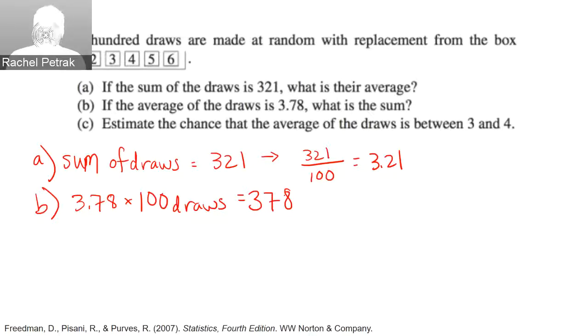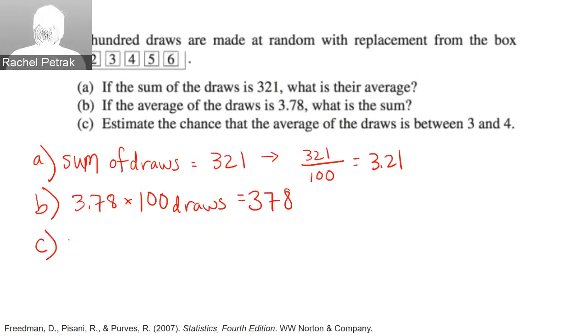And now we want to estimate the chance that the average of the draws is between 3 and 4. So when we are estimating that chance, we can assume that the average of the draws will be between 3 and 4 when the sum is between 300 and 400. Thus, the expected value of the sum is 350.